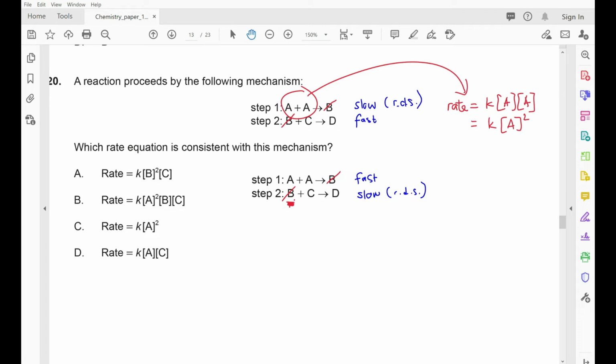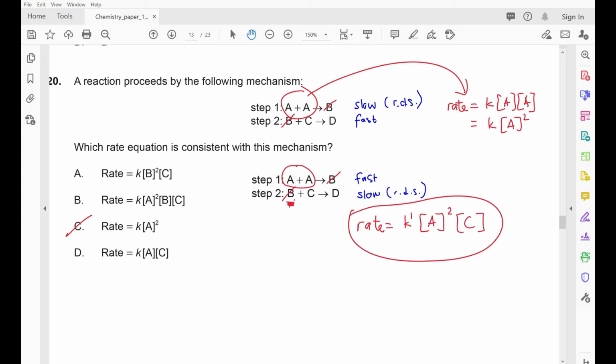In that case, these two species will be included in the rate equation because the rate of step 2 depends on the formation of the intermediate in step 1. Now, there is only one possible answer here, which is C, because the second scenario is not one of the options.